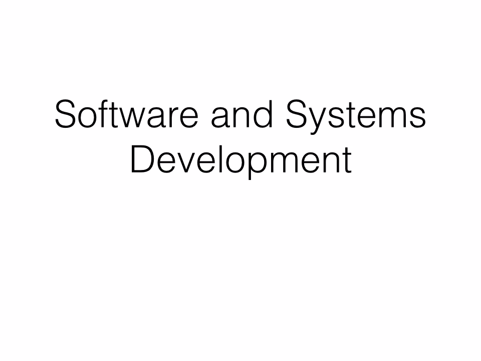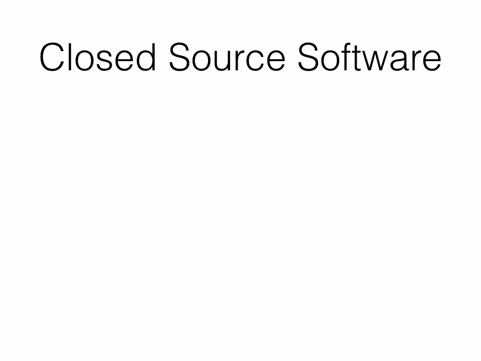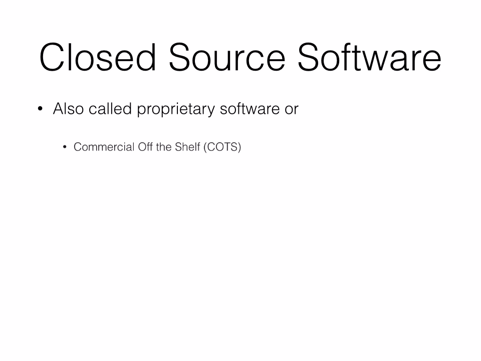So now let's take a look at how this stuff is actually developed. Let's get a little bit of a feel of what goes on underneath the hood with respect to systems and software development. The first thing we'll talk about is closed source software, which is also called proprietary or commercial off-the-shelf software.